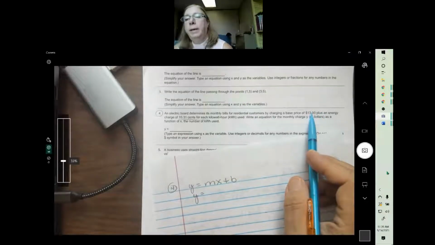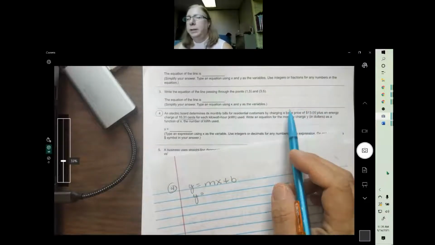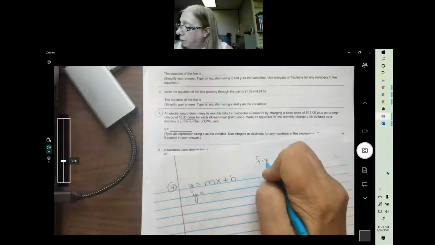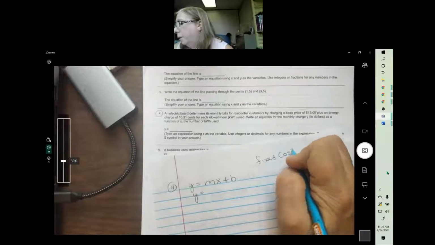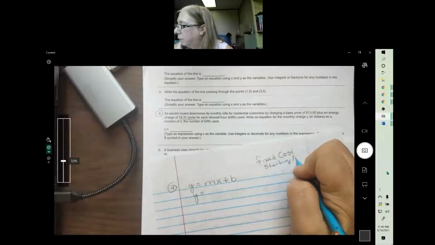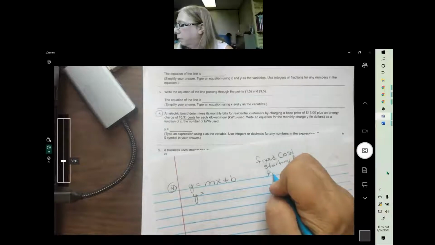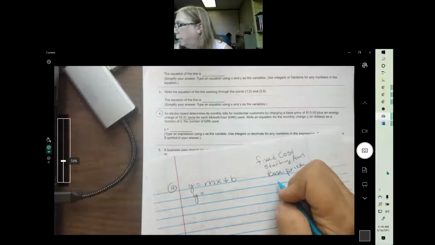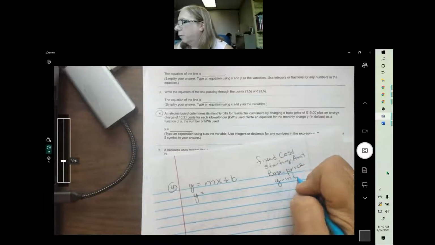So this one's already in dollars. This is our base price. Base price is fixed cost, starting amount, all of those are the y-intercept.